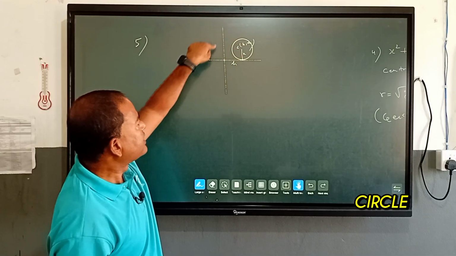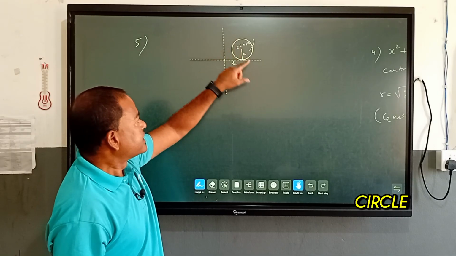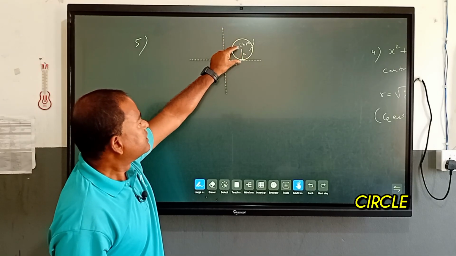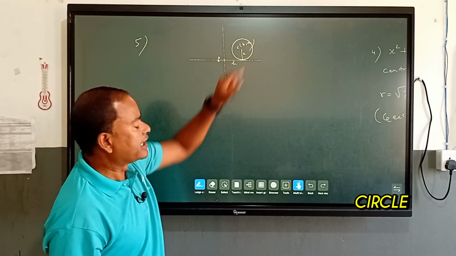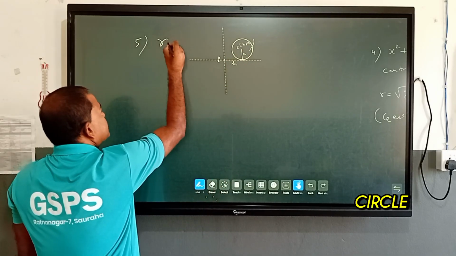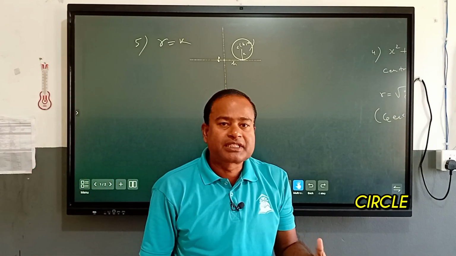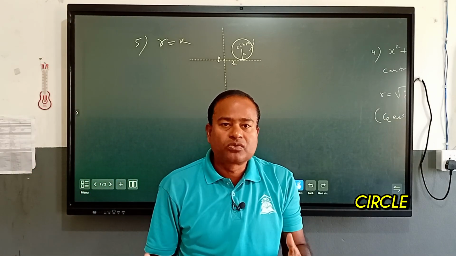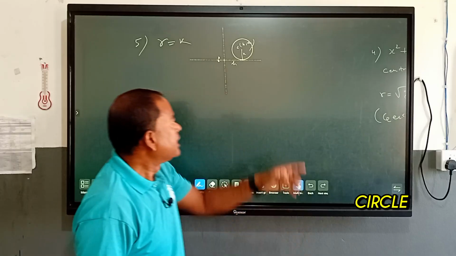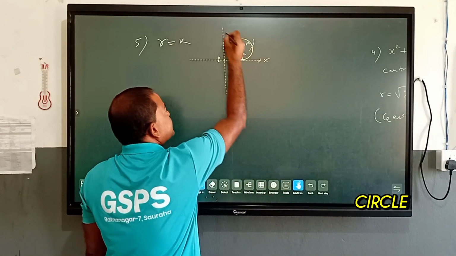So when a circle touches the x-axis, the radius will be equal to k. So r is equal to k. So when the center of a circle is given, the radius of the circle will be equal to k if it touches the x-axis.